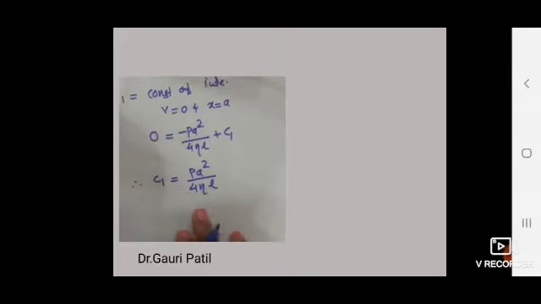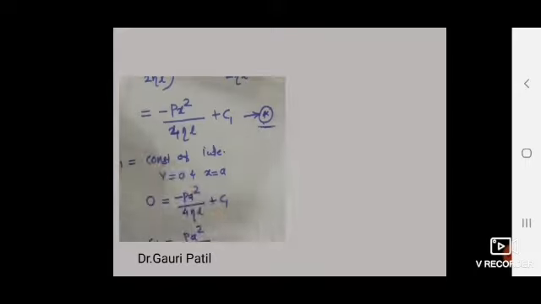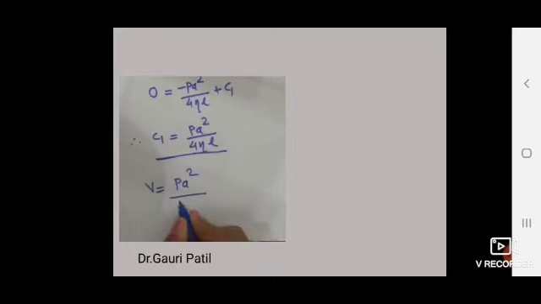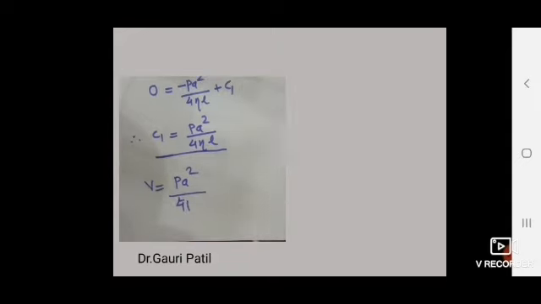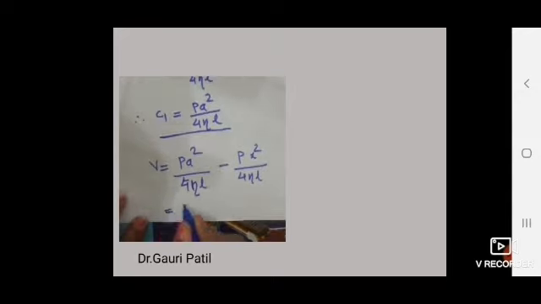By putting this value of c1 into the starred equation, we get v is equal to P a square upon 4 eta L minus P x square upon 4 eta L. So we can write P upon 4 eta L is common, and a square minus x square.